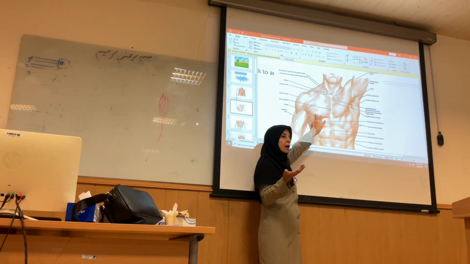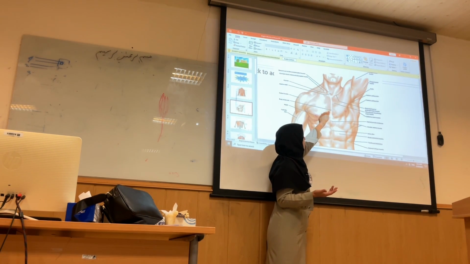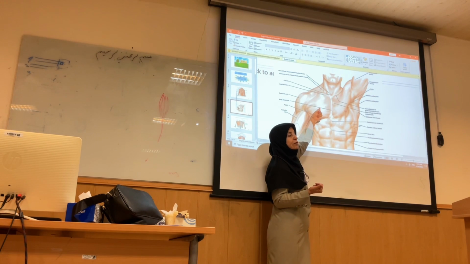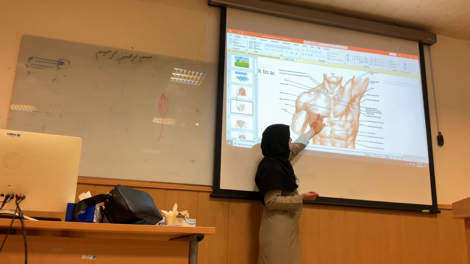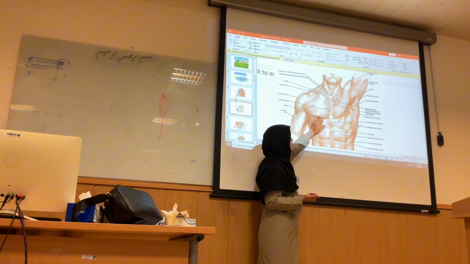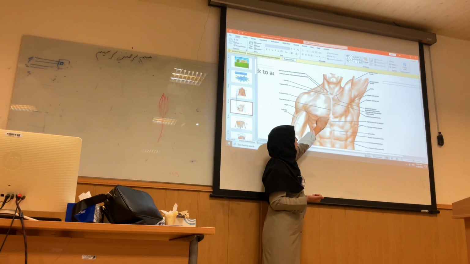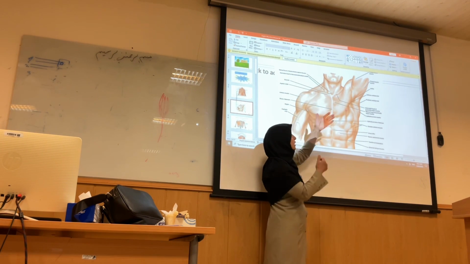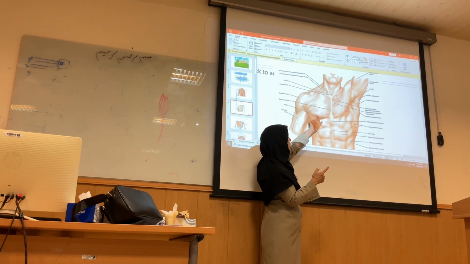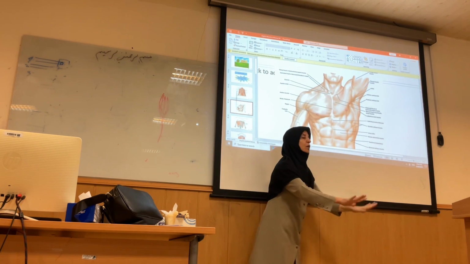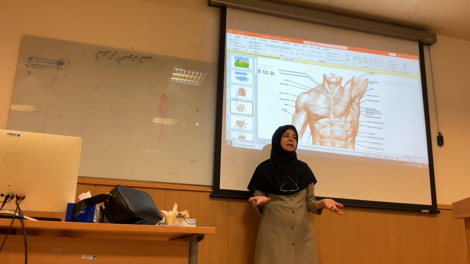Normally, in anatomy, at first, we remove the skin very carefully. It takes so much time. When we come here, we cut around the areola. So when I remove the skin, the nipple and areola remain over the superficial fascia. Why do we do this?